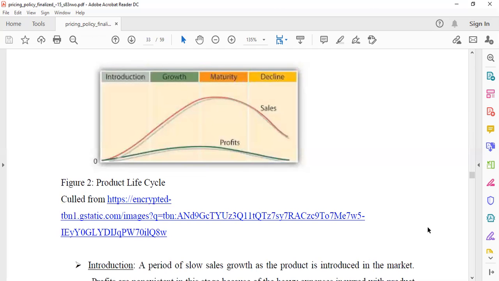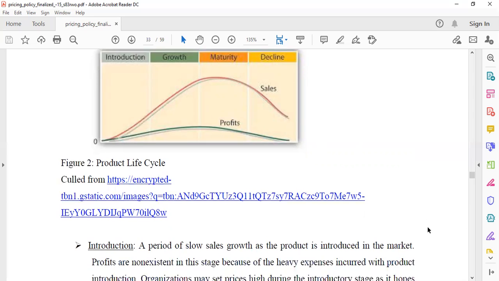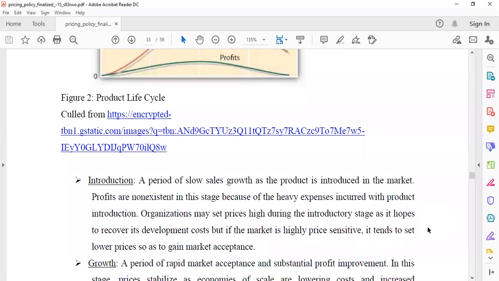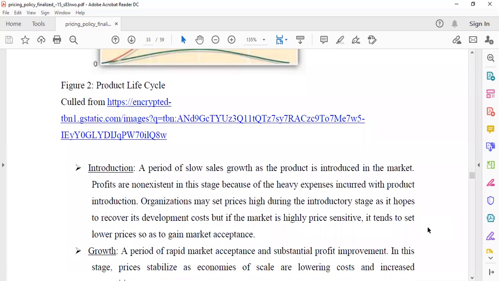They don't have previous experience with the product. The introductory stage is a period of low sales growth. Profits are non-existent because of the heavy expenses incurred in the introduction. It also comes with heavy promotion, since at this point, awareness is key.